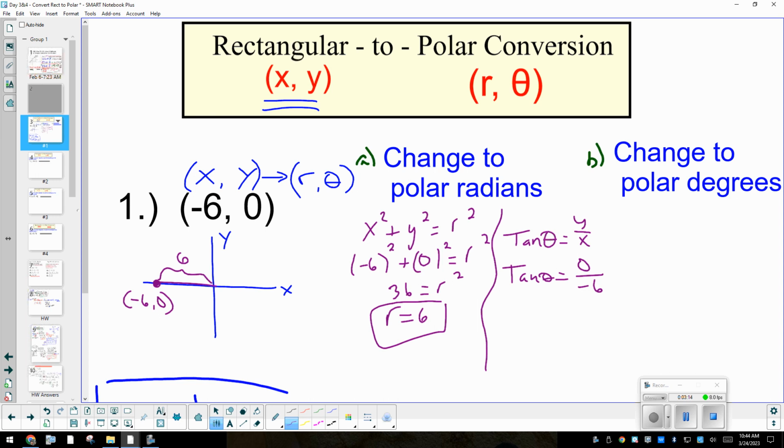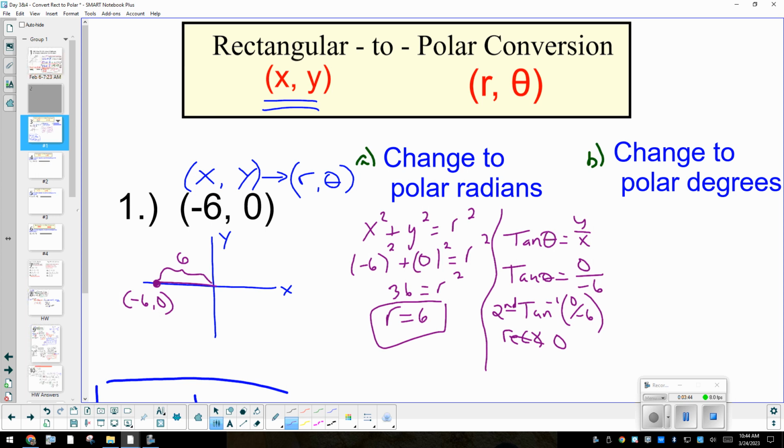So let's say you went to your calculator, you hit second tan. You're going to get an angle, and you should get the reference angle of 0.